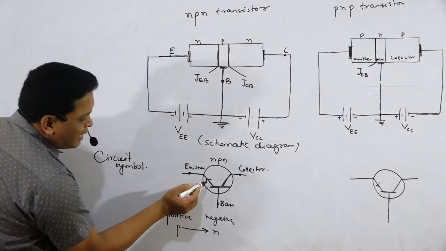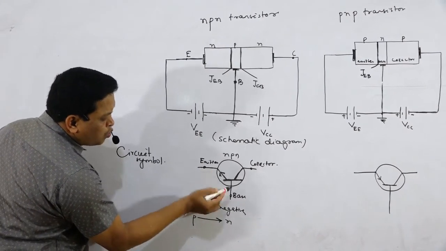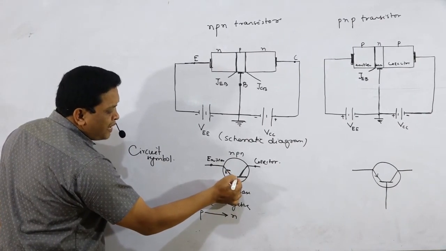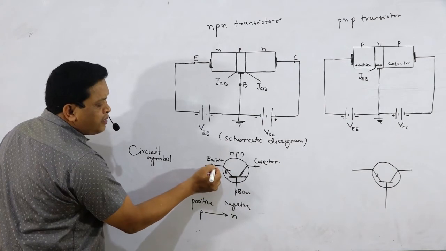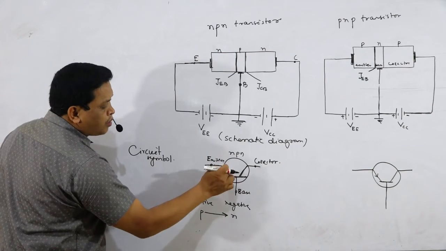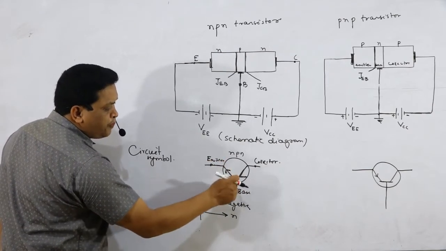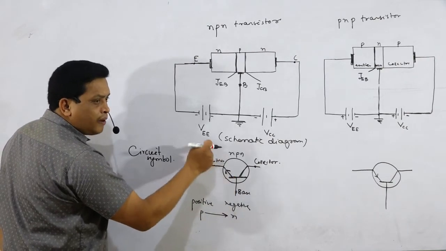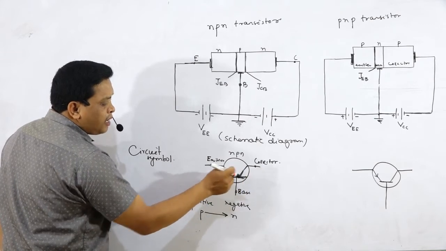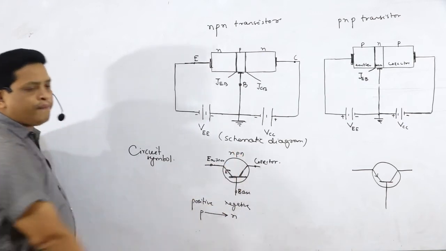So look at this diagram. The arrow mark is outward. That means the middle base is P material and the emitter is N material. So the current flows from P to N. The middle one is P and this is N. So N, P, N: the emitter is N material, the base is P material and the collector is N material.